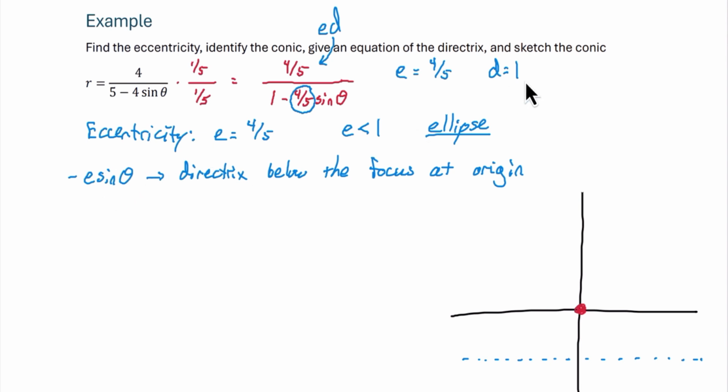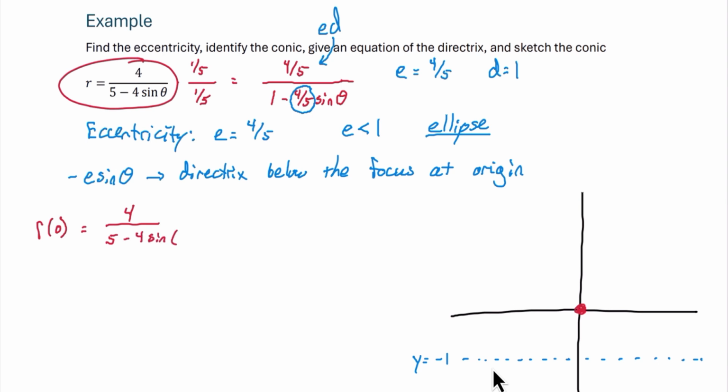And since d is 1, the distance from the focus is 1, we can say that this equation is y equals -1. That's the equation for the directrix. Next, we'll get some points to plot. Let's see what r is at the angle 0. So we're just going to plug 0 into this original equation: 4 divided by 5 minus 4 times the sine of 0.